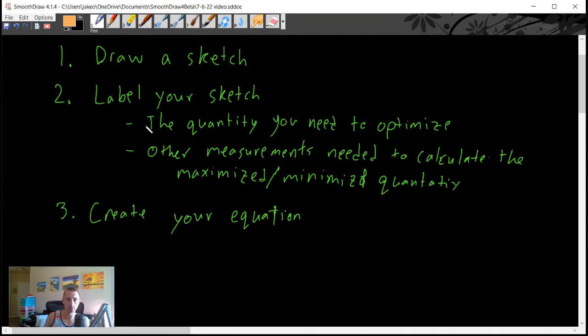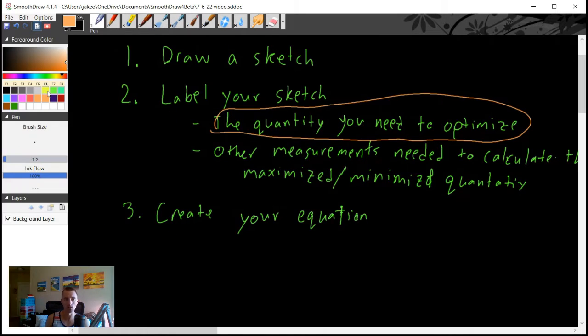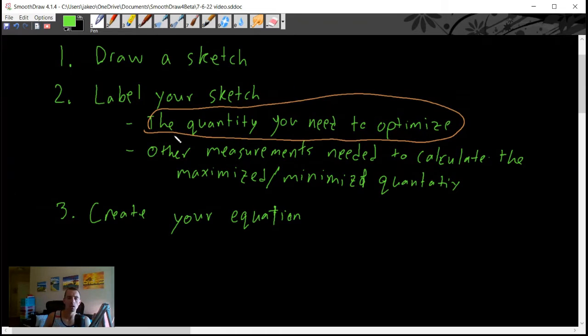Thinking back to the box volume example, let's say we're trying to maximize or minimize the volume of the box. We would want our equation to just be, volume equals something. That's typically going to be the case.